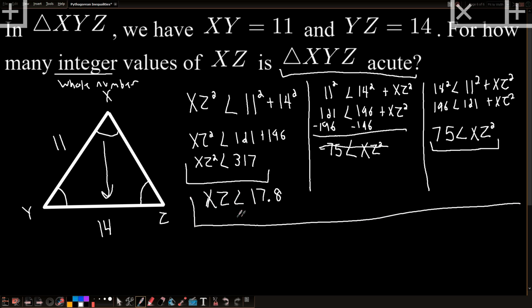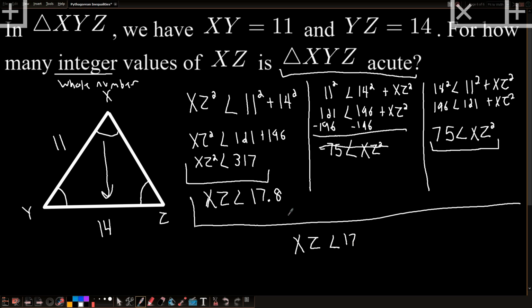Well, XZ has to be less than 17.8. So XZ is less than, well, this isn't a whole number, so we would just round to the closer whole number, which is 17.